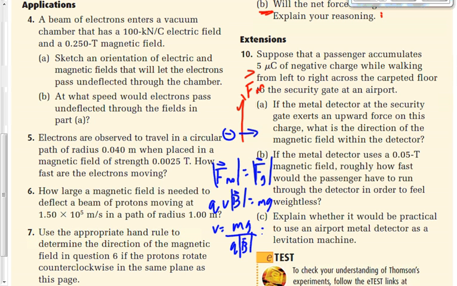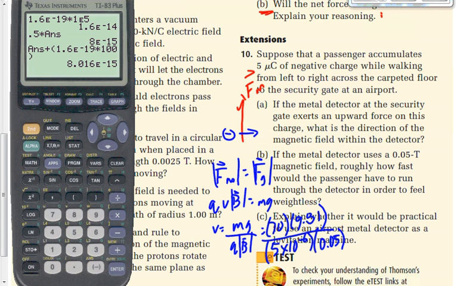Let's say 70 times 9.81 divided by 5 times 10 to the minus 6 times 0.05 Tesla. Let's calculate that value now.